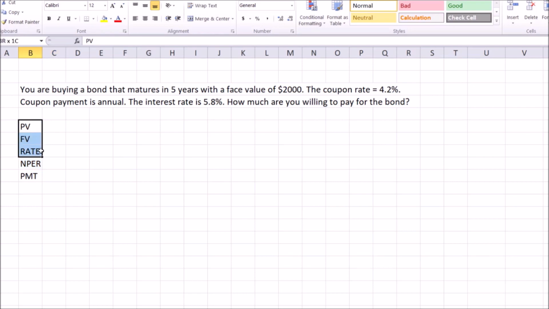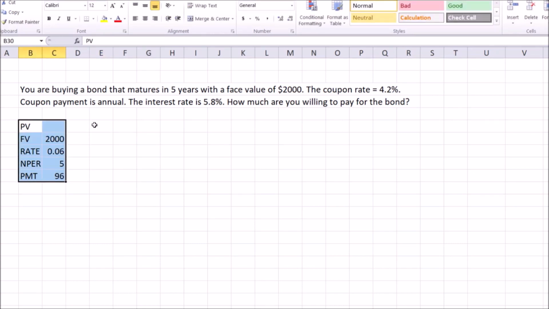Usually it's a good idea to figure out which 4 of these 5 variables are given, leaving us to calculate the 5th one. In this example, the face value is 2,000, the yield to maturity, or the rate, is 5.8%, the number of periods is 5 years, and the regular coupon payment is equal to the coupon rate, 4.2%, multiplied by the face value of 2,000.